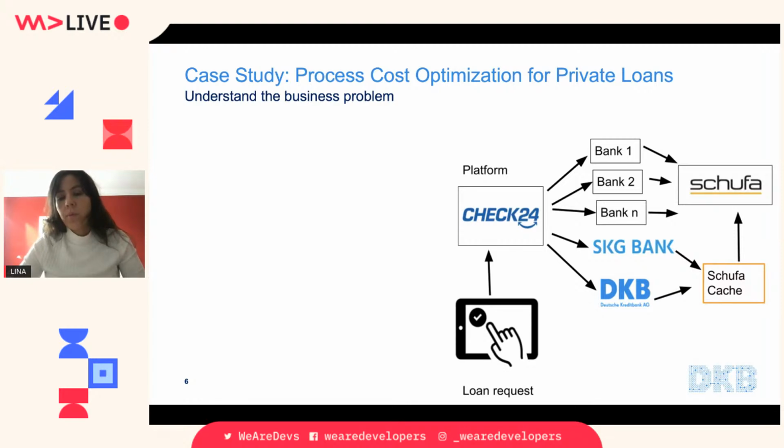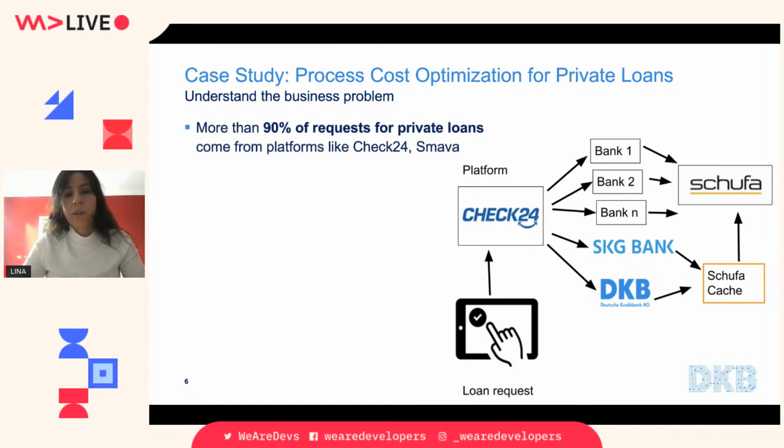And we have two brands, the SKB Bank and the DKB Bank, and we persist the credit service response in a cache. But as you can imagine, there are many requests to all these banks in the background, so the take-up rate is very low, and we're introducing a lot of costs. So 90% of the requests for our private loans come from these platforms.